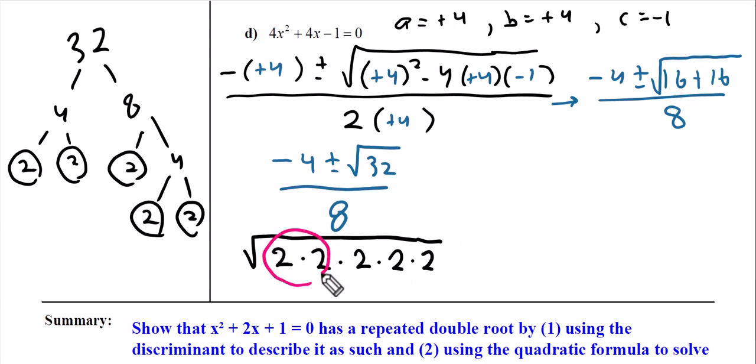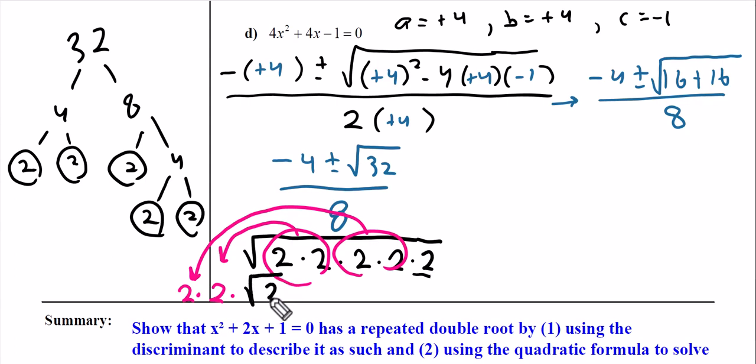Here's a pair of 2's, comes out. Here's a pair of 2's that comes out. And then this is not a pair of 2, it stays in there. So that's 2 times 2 on the outside, which is a 4, and the radical 2 is on the inside. In other words, instead of radical 32, I can replace that with 4 radical 2.